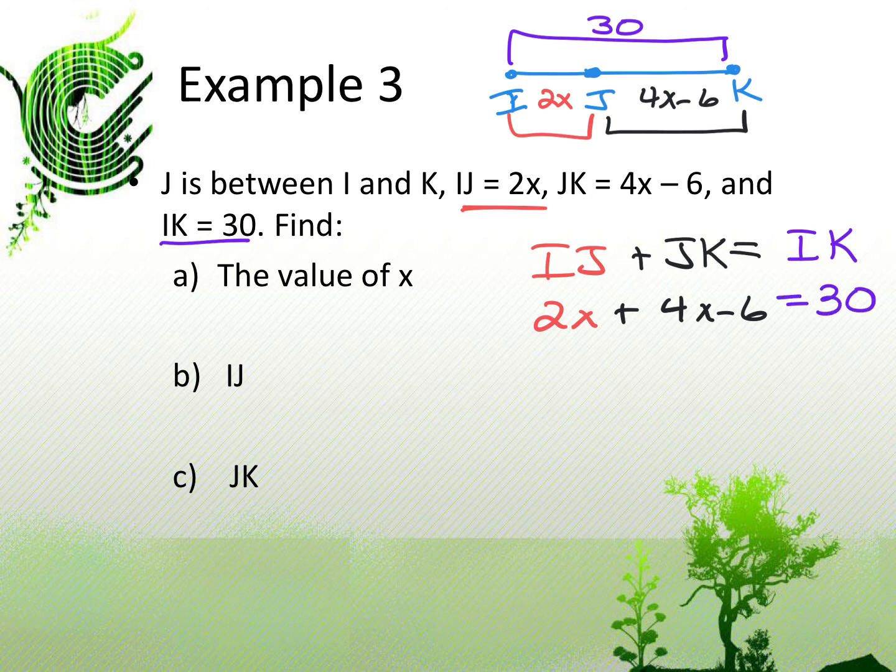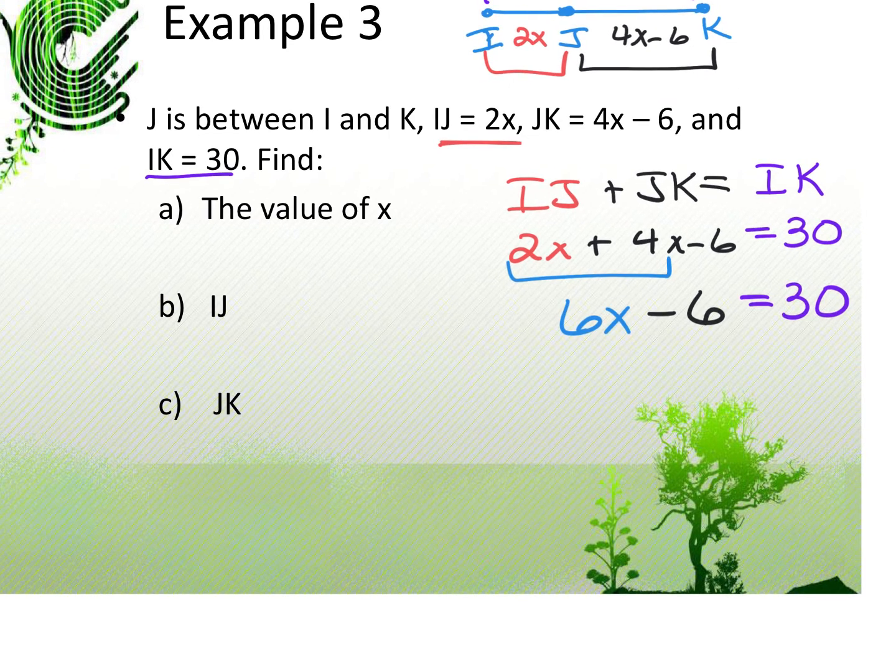Use my Algebra 1 skills. I'm going to combine my like terms. So I need to combine 4x and 2x, which will give me 6x. I'm going to drop down the rest of my problem, the minus 6, and the equals 30. I now have a simple two-step equation.